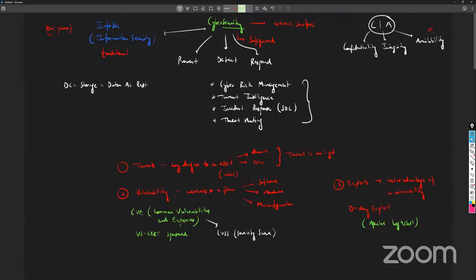There will always be vulnerabilities, there will always be risks. So you cannot have a 100% secure environment, a 100% non-vulnerable environment, or a 100% no-risk environment.